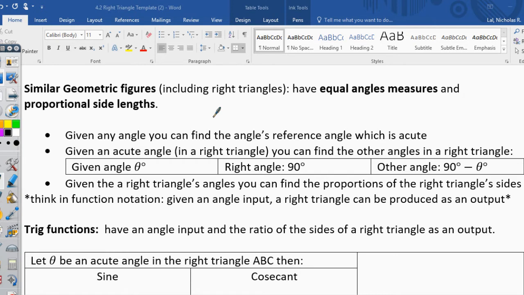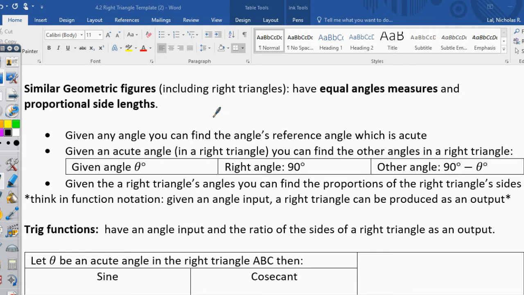So traditional functions that you're used to, y is equal to 2x: you take your input, you multiply it by 2. Y is equal to x squared: you take your input and you square it. Trig functions, I need you to think about it conceptually. A trig function takes an angle as input.